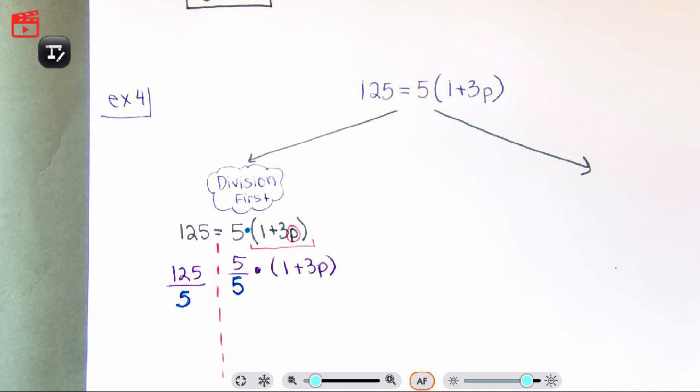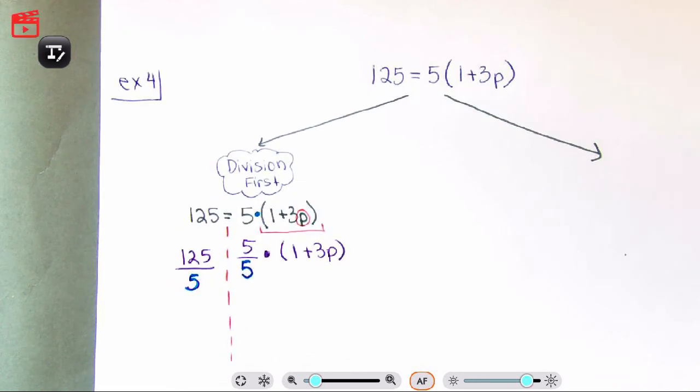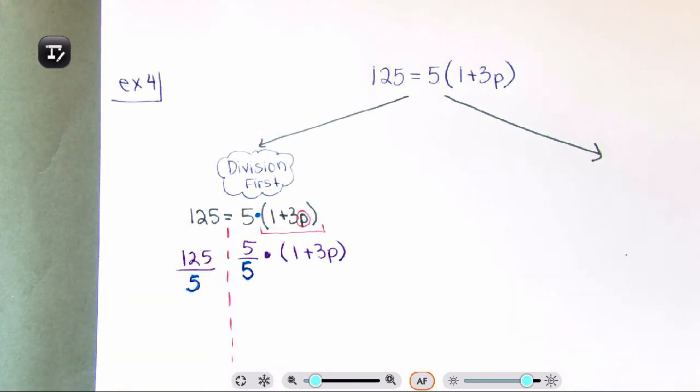Okay. Now, the reason this works is because I know that 125 is divisible by 5. What that means is I know that 5 times something is 125. Okay. So I know that, and that's the trick. If you know that this number goes into this number evenly, then you can do that.